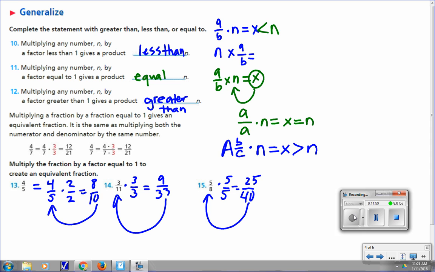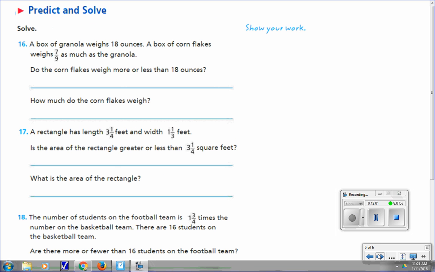Okay? So if I were looking at a box of granola weighs 18 ounces. A box of cornflakes weighs 7/9 as much as the granola. Do the cornflakes weigh more or less than 18 ounces? Well, 7/9 as much.